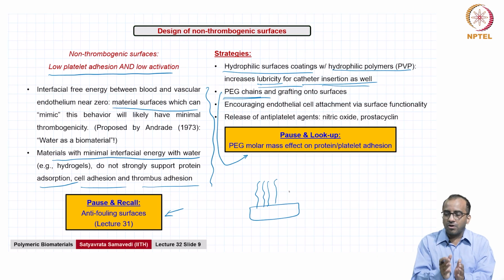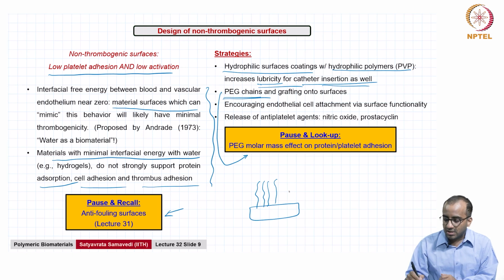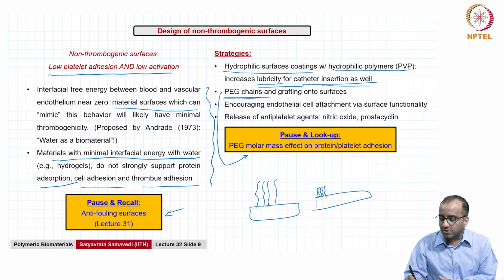If you have very long chains, it is very difficult to pack them tightly, so it may seem that medium sized chains may be beneficial. But it has also been shown that apart from the chain length, the grafting density also plays a very important role. So, even if you have short chains, if you can graft them very close to each other with a very high grafting density, that has actually been shown to be the most effective in many cases.